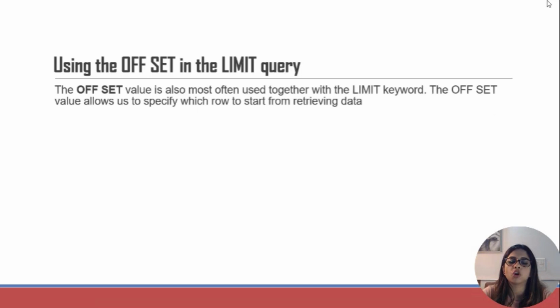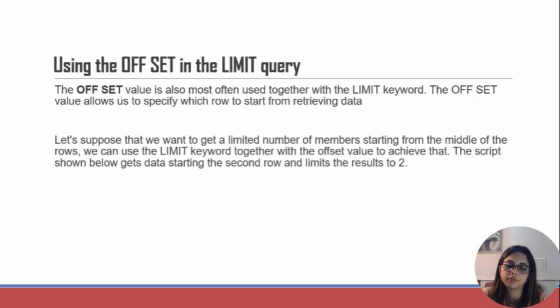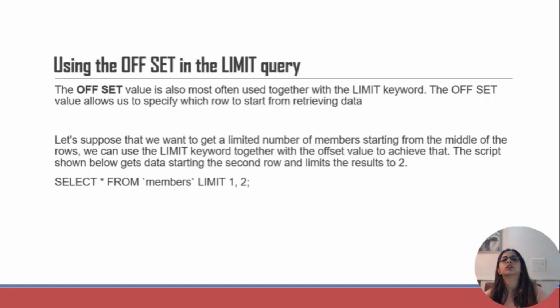Offset. Offset is used to see data in a particular range, like if you want to see the 5th data to the 20th data, or from the 10th data to the 100th data, from somewhere to somewhere. You can do that using the offset keyword. The syntax is select star from table name, limit a number, comma, some other number.